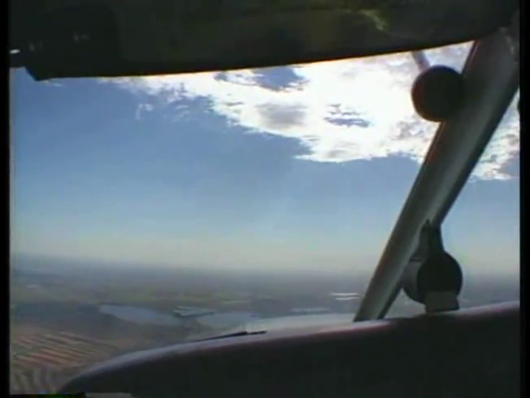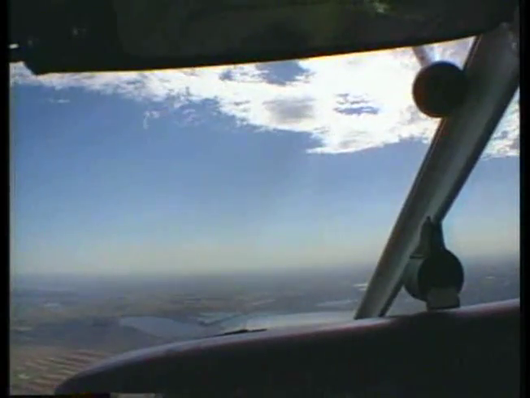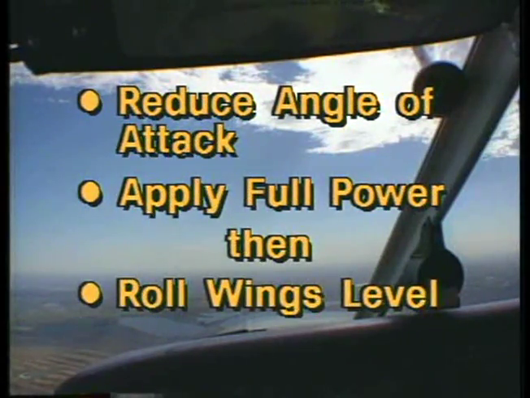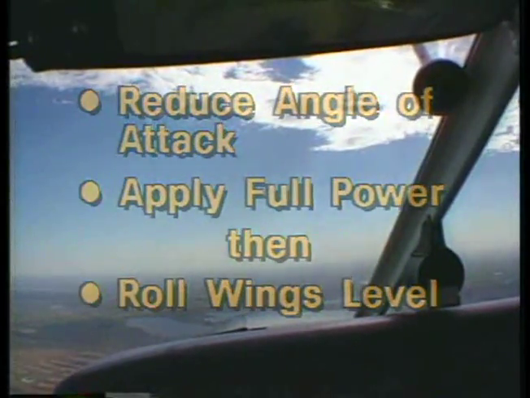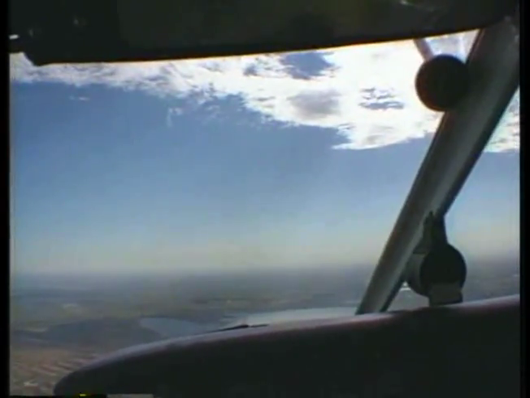Recovery is much like the straight-ahead stall, except that you must level the wings. However, don't level the wings until you've reduced the angle of attack and have added full power. Then, roll the wings level by using coordinated ailerons and rudder pressure. If you're using flaps, they should be retracted, as specified by the manufacturer.